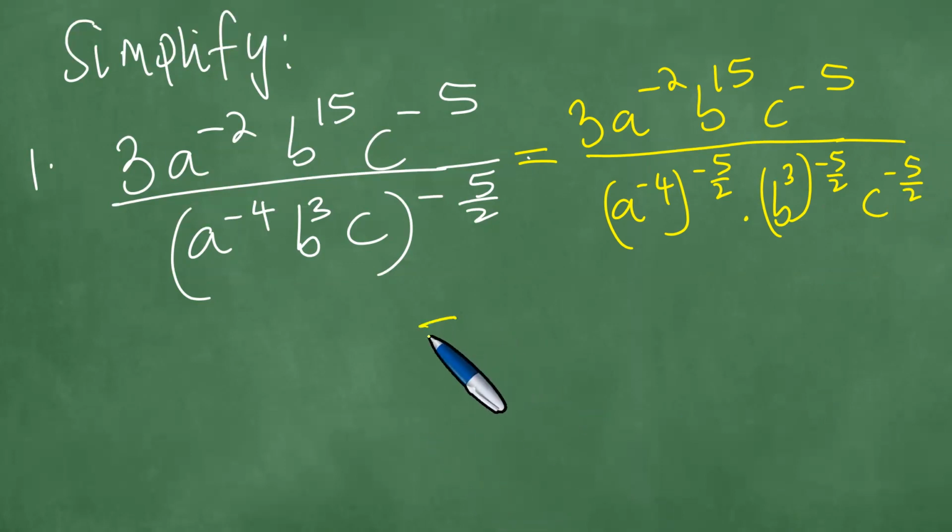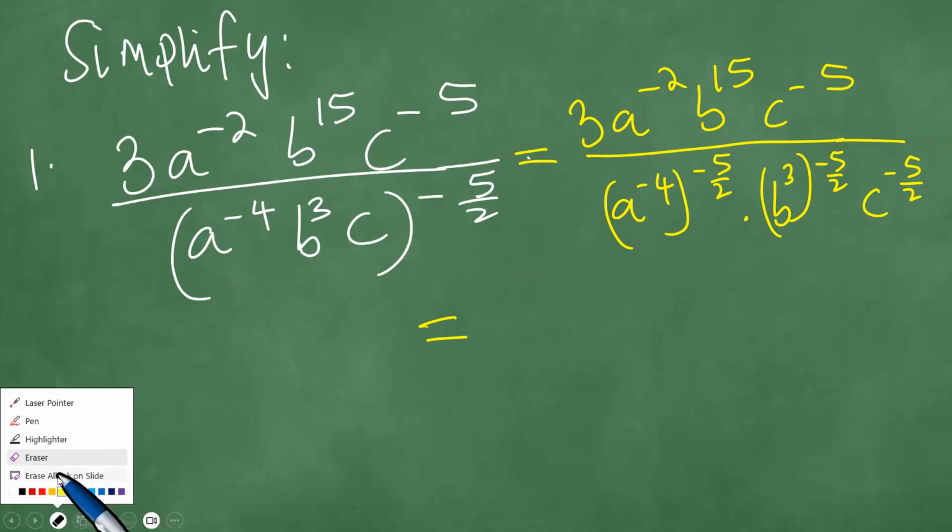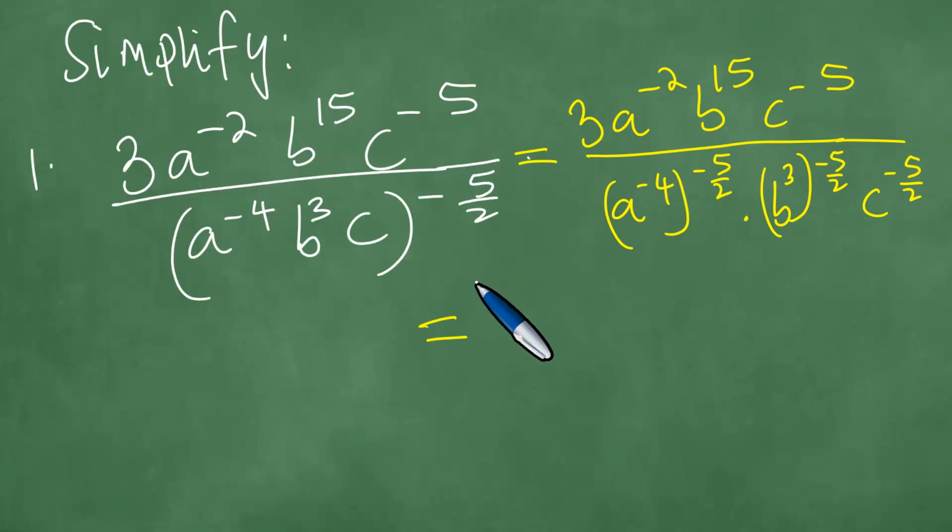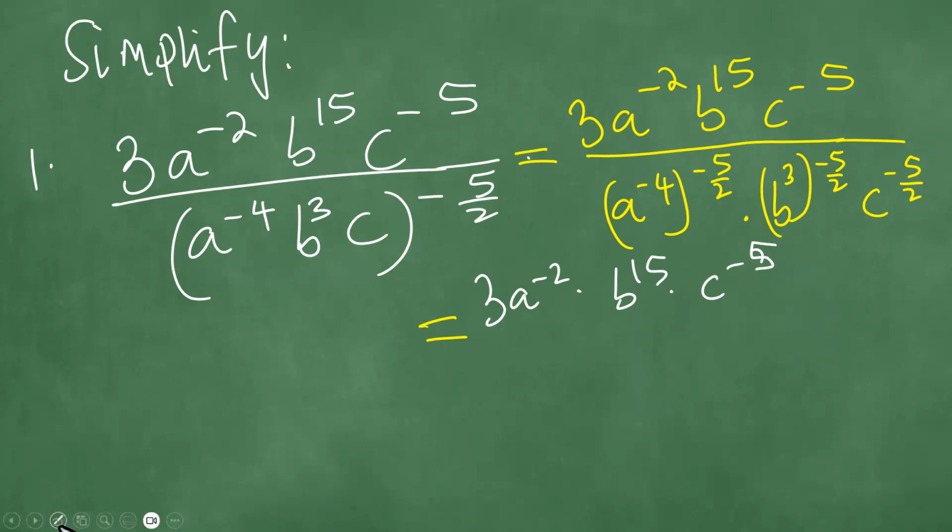And upon further examination, you are able to see that this is exactly the same as the following. Right, so the 3 is okay, but let's just multiply the bottom things a little bit. So you have 3a to the minus 2, b to the 15th power, c to the minus 5.